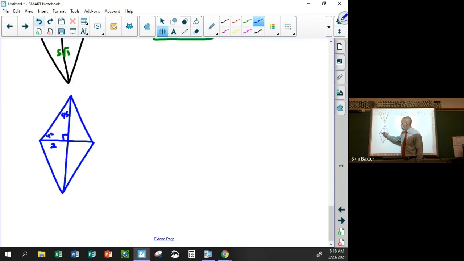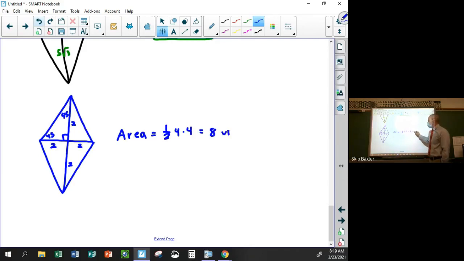This is 45. This is 2, what's this? 2, yeah. So here, the area would be 1/2 D1, D2. Half of 16, the answer is 8 square units.